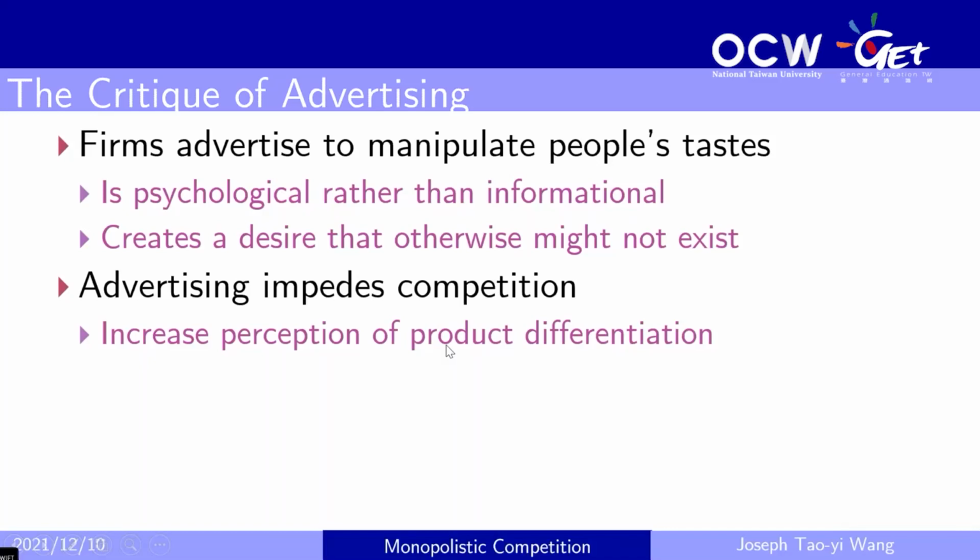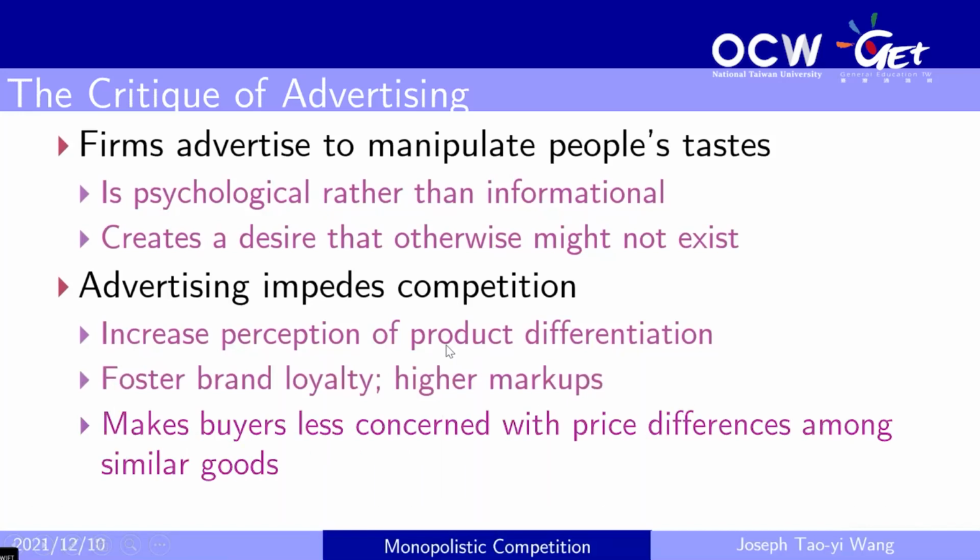It's like if you believe that the iPhone is just so unique, so no other Android phone can ever beat the iPhone, then, of course, you're willing to pay much more just to buy the latest iPhone. So here you have this brand loyalty. That means that firms can charge an even higher markup. And so basically, this is anti-competitive. So basically, the more you advertise, you basically create this distinction, then the more this product is going to move towards the monopoly side of this spectrum because it's so unique.